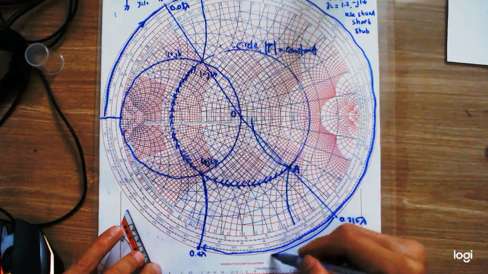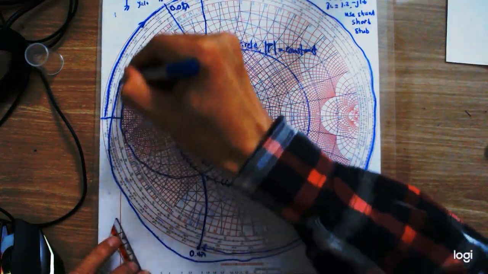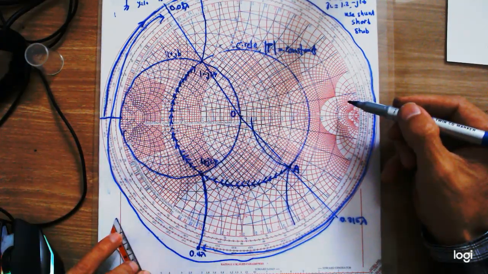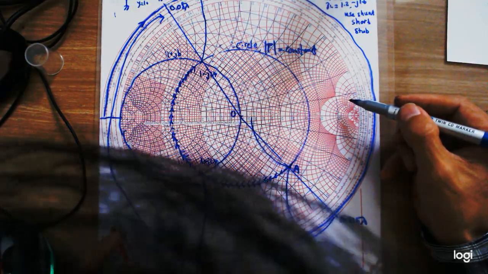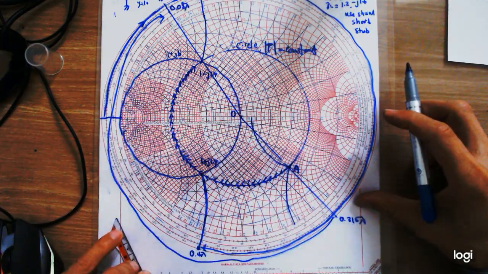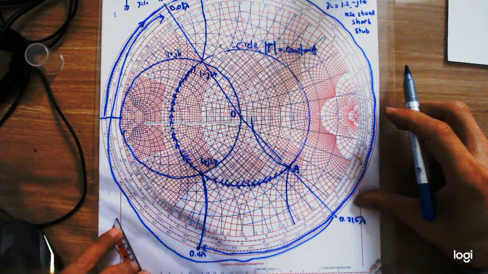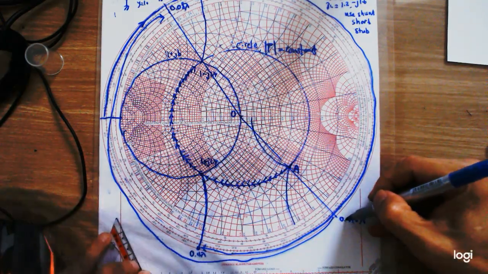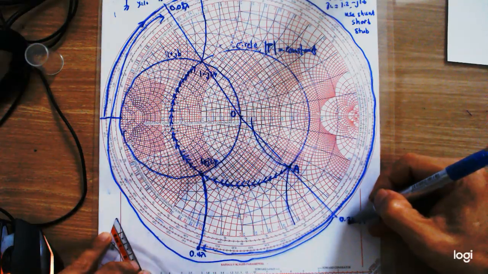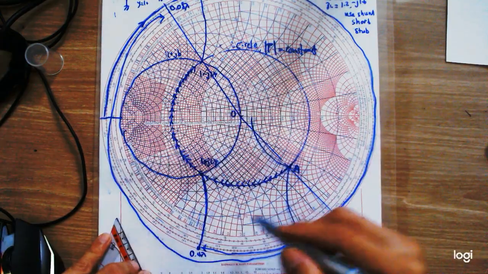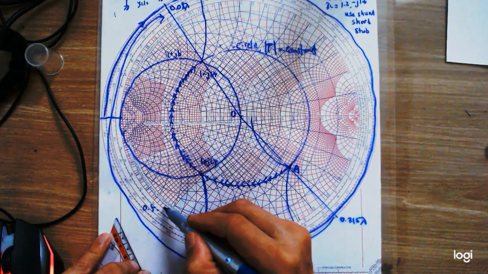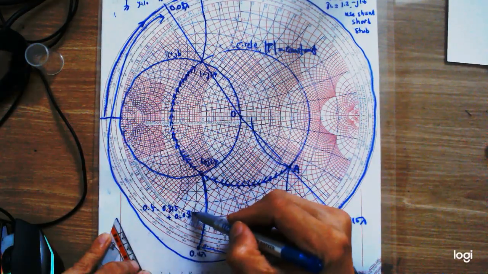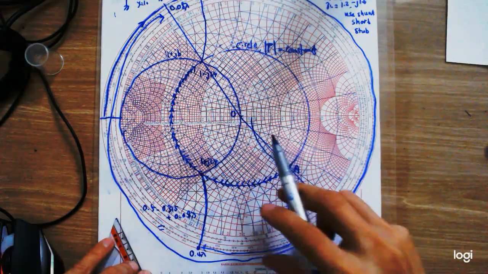Counting from this point all the way to here, the length will be 0.5 minus 0.315, and then plus this length, plus 0.08. So this is the required calculation that you need.